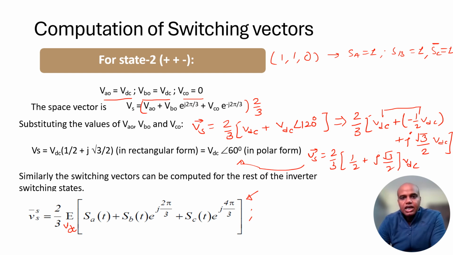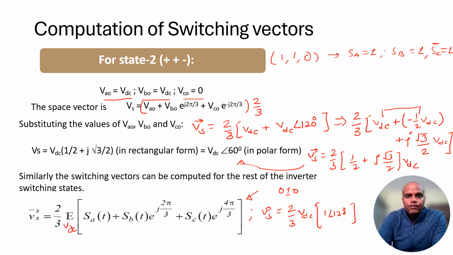Let's say I have the switching combination 0 1 0. In that case, the space vector Vs will be equal to 2 by 3 VDC, and SA becomes 0, SB is the only one, so this becomes an angle of 120 degree, and SC is also 0. So that becomes the space vector for 0 1 0.